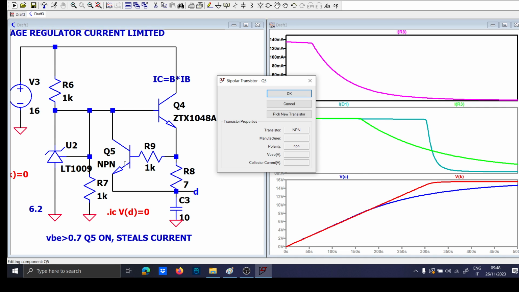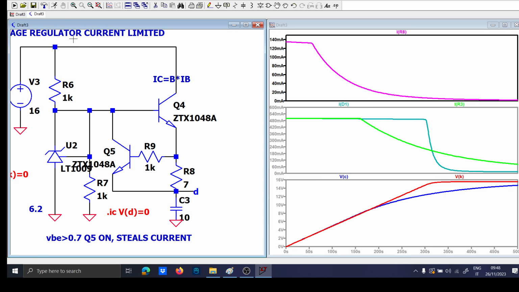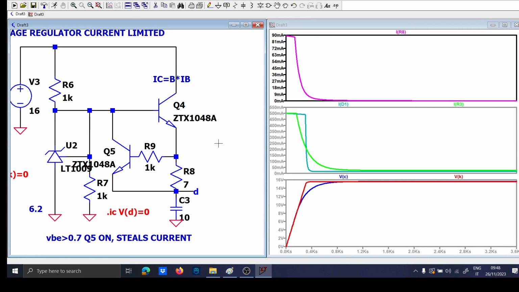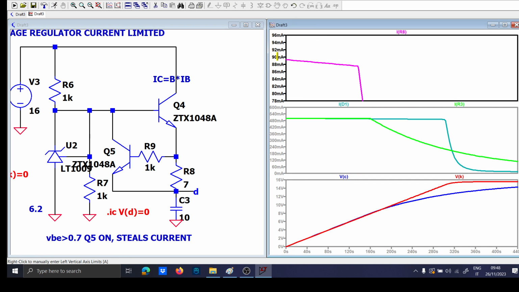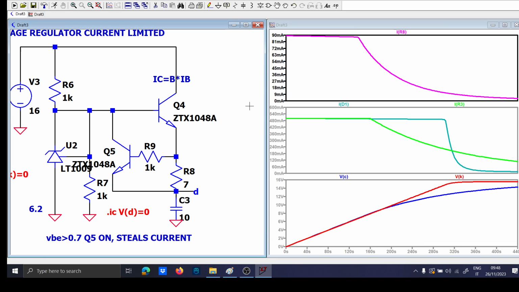Okay, this can be enough. So now 90 milliamps are flowing, and the base to emitter voltage is 0.5, because the current flowing into here is generating enough base voltage drop to turn this transistor on, and so this circuit is working by limiting the current here.